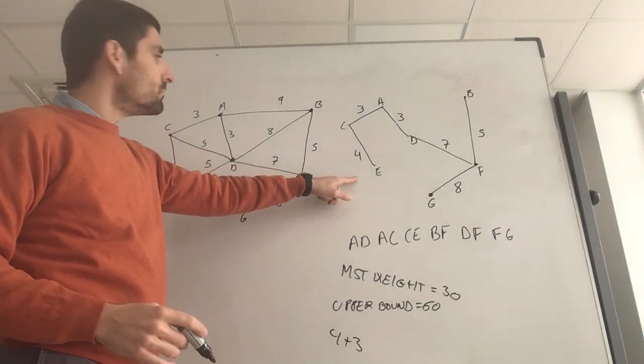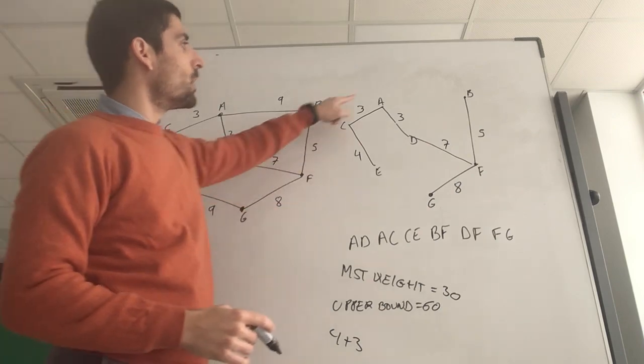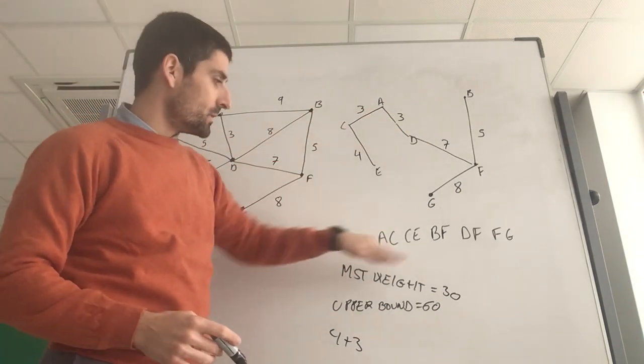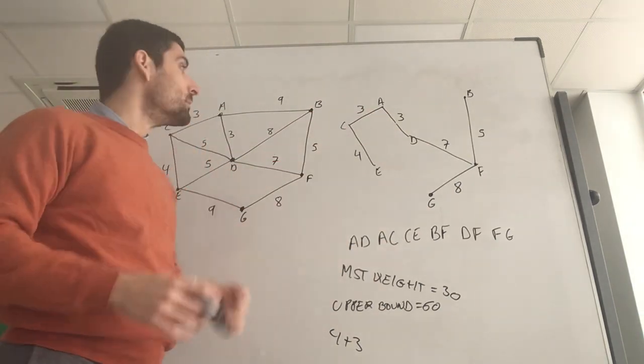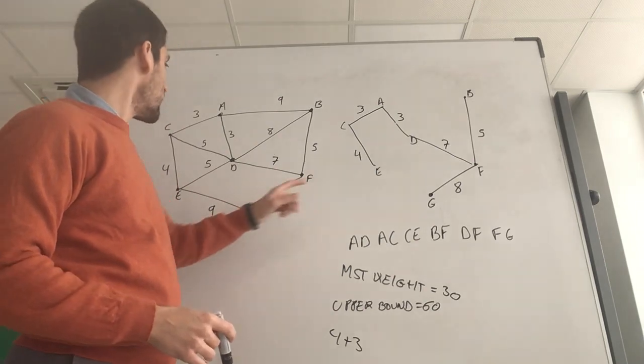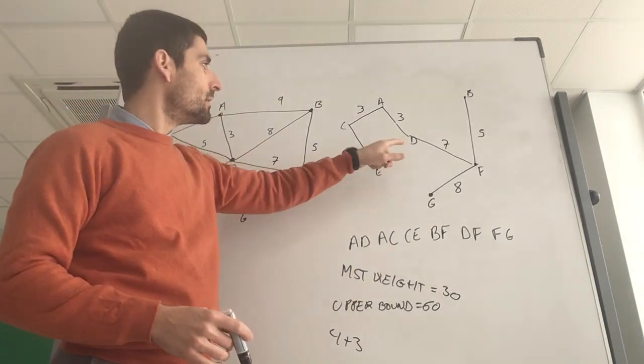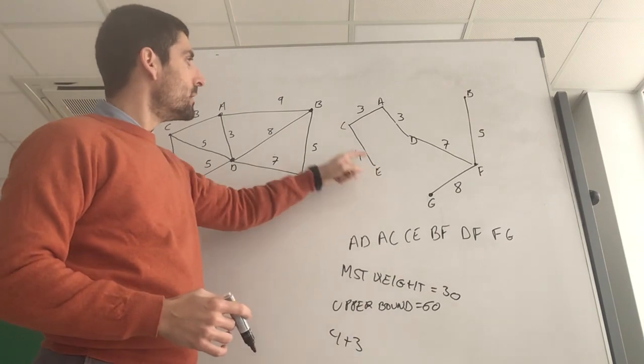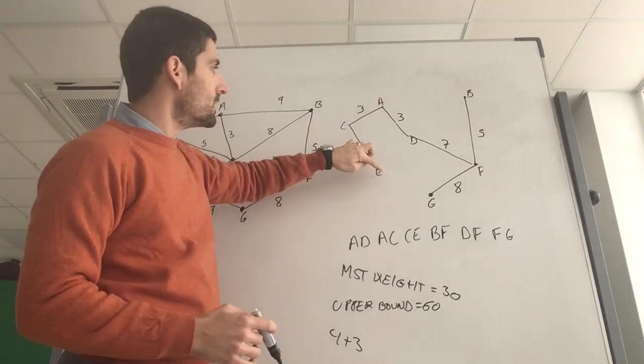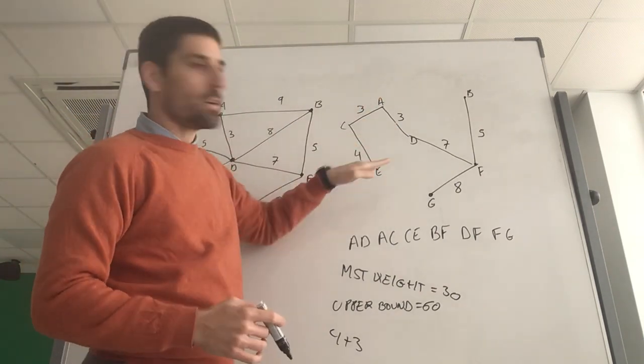Now, instead of going back, which is what we're doing when we double the minimum spanning tree, I could go straight from E to D, because that would be a shortcut, isn't it? If I did that, I can just go across.